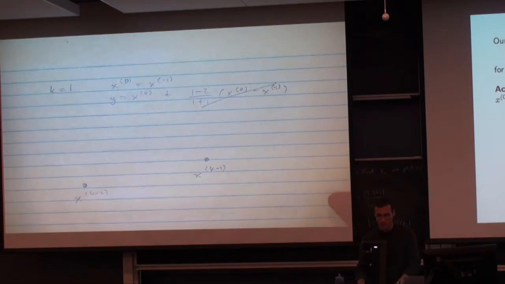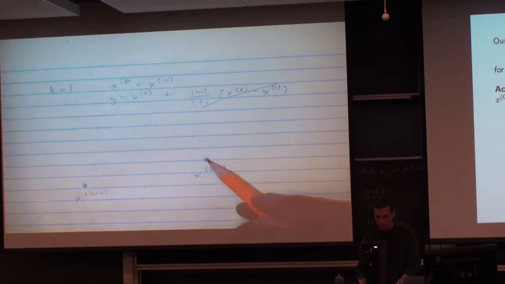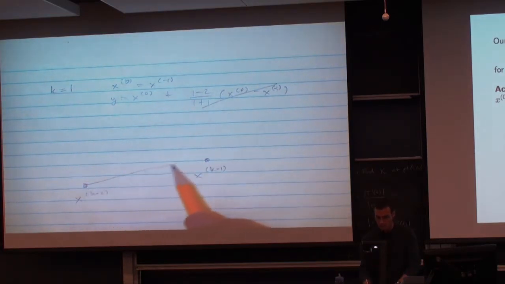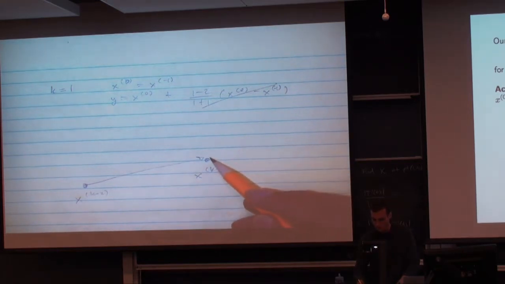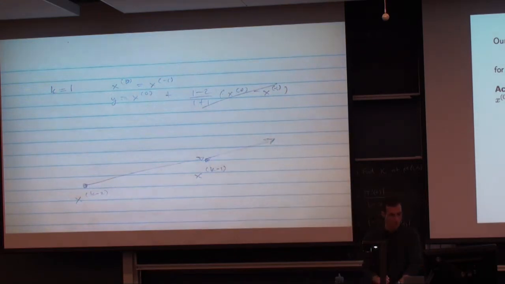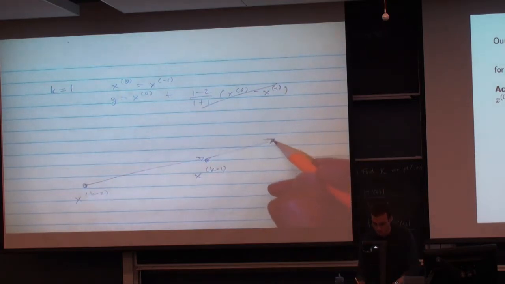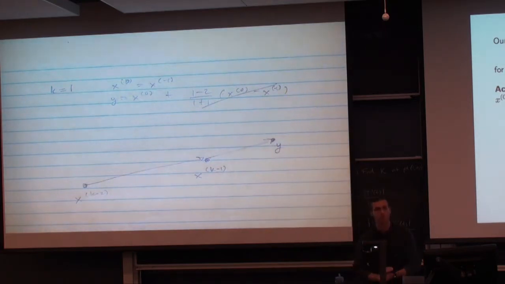In accelerated generalized gradient, we look at the direction that we were going to get there, and we add a multiple of that to this point. That multiple is always less than 1, so we're going to arrive here. This is why some people call it a momentum term, because it pushes us in the direction that we were going from the previous iteration.